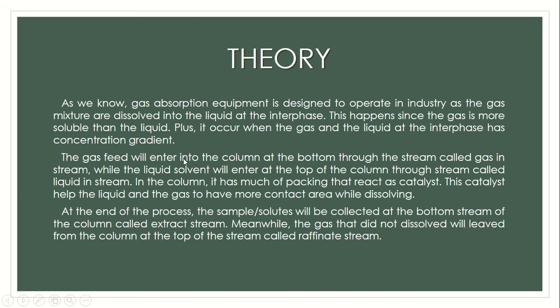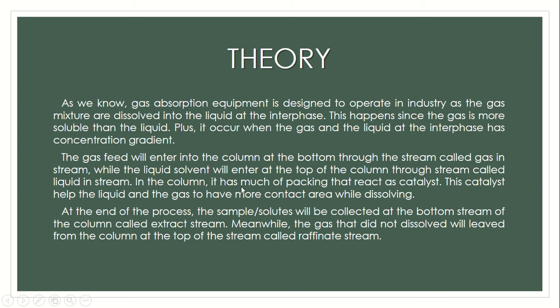The gas feed will enter the column at the bottom through the stream called gas in stream, while the liquid solvent will enter at the top of the column through the stream called liquid in stream. In the column, it has much packing that acts as a catalyst.